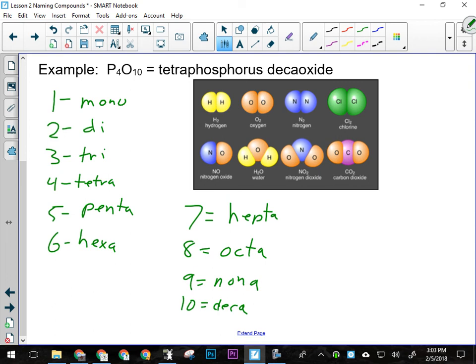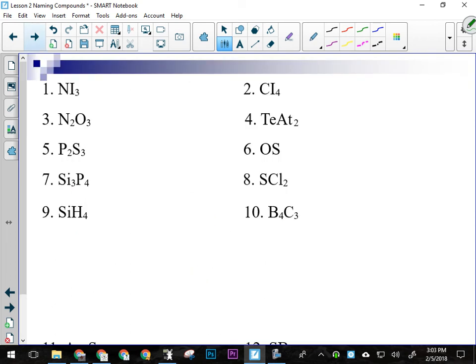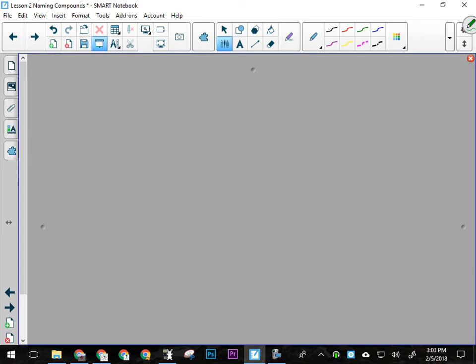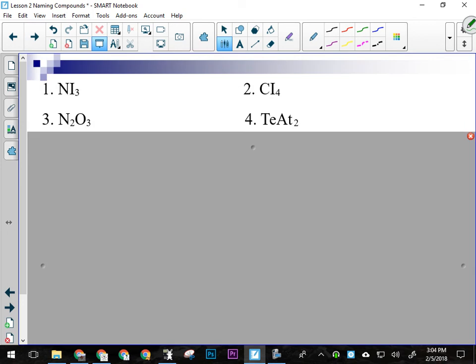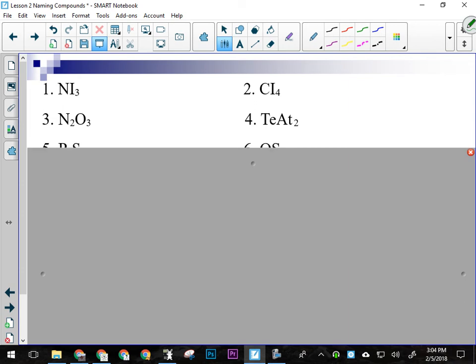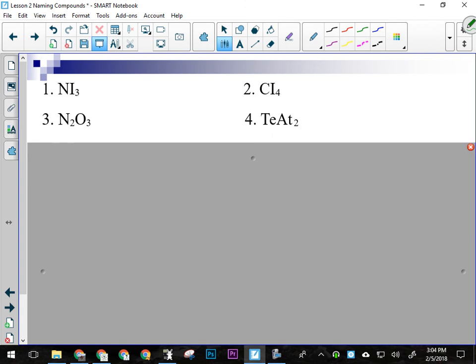All right, I want you guys to try the first 4 here. Okay, all molecular, so let's see if we can get the names right on these ones. I'll give you a few minutes to get ahead of me, and then we'll go over them together.